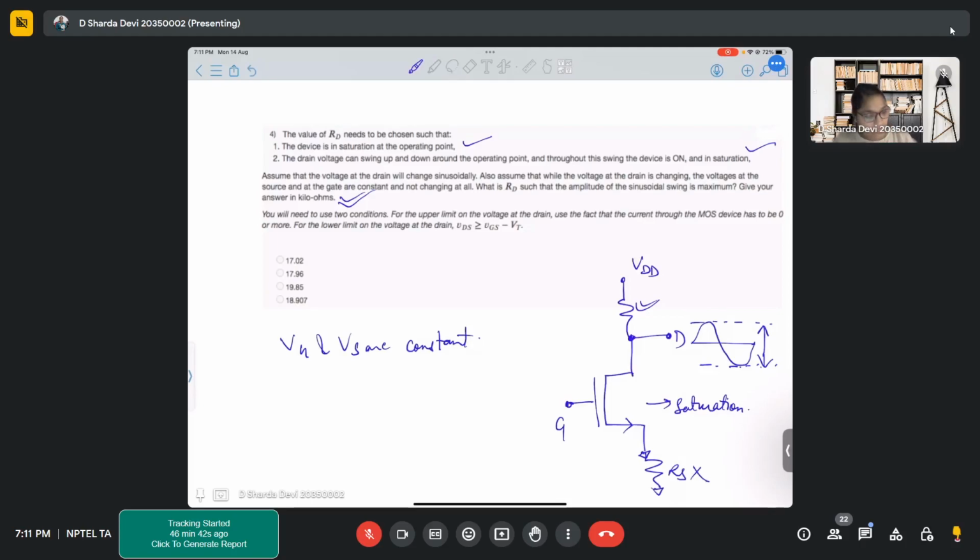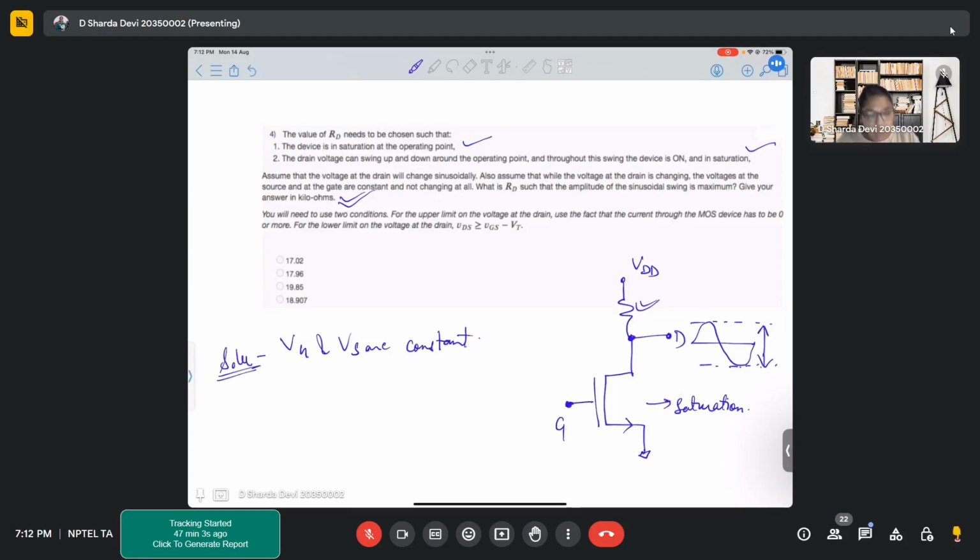Okay? Since you don't have a RS over here, it is directly grounded. So it fixes your VS to ground, and your VG is some constant value which you can get either from a voltage divider or simply applying a voltage. Now with this, you have to solve the swing.